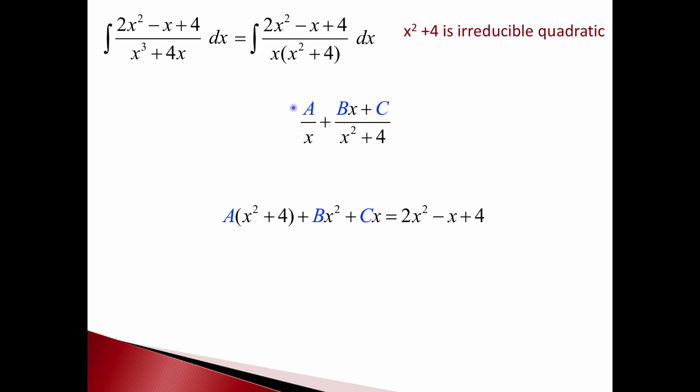What I'm really doing is multiplying the A by whatever I would need to recommon denominator and get back to what I started with, and multiplying the Bx plus C by whatever I would need, in this case an x, to recommon denominator this and get back to what I started with. I'm not just cross multiplying. More about that later. So now I've got this equation: A times x squared plus 4 plus Bx squared plus Cx equals 2x squared minus x plus 4.